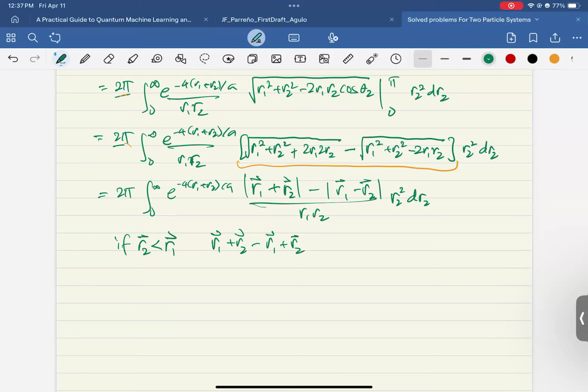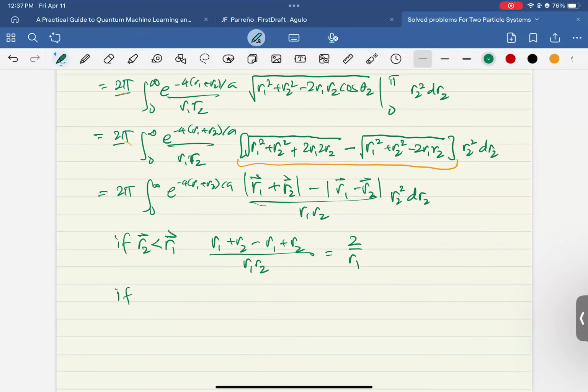Okay, syempre over R1, R2. And also we don't need to use vector notation anymore kasi kinuha na natin yung absolute value nila. So we end up with 2 over R1. Okay. Now, if R2 is greater than R1, then what we end up with is R1 plus R2 minus R2 minus R1.